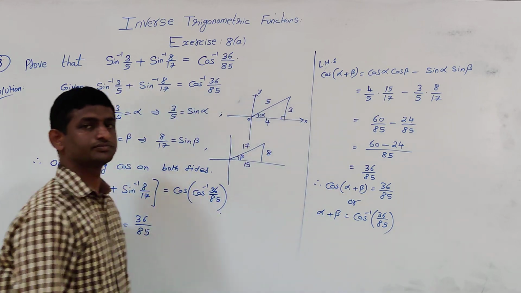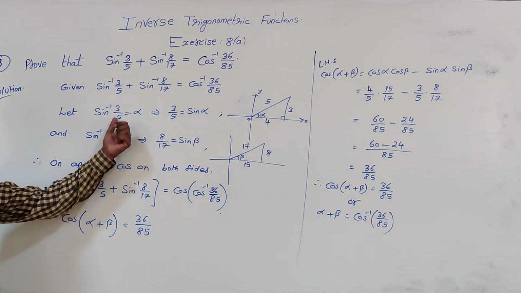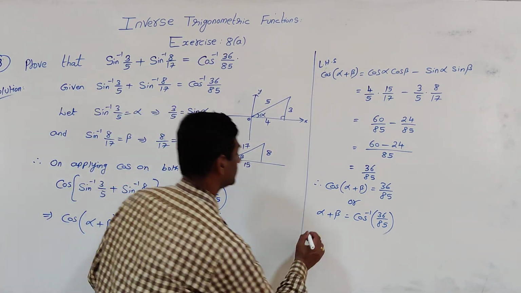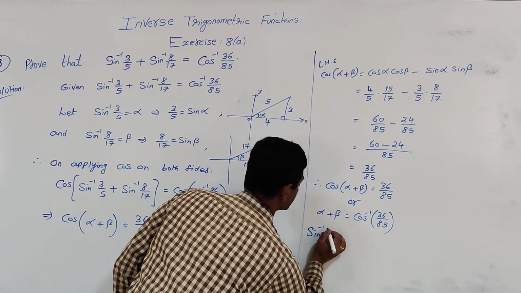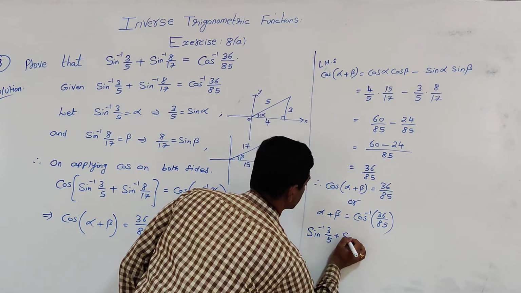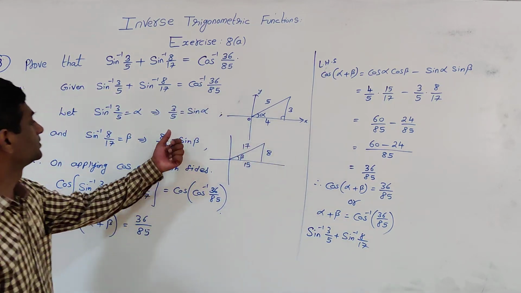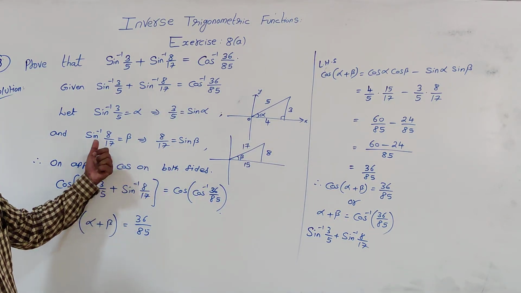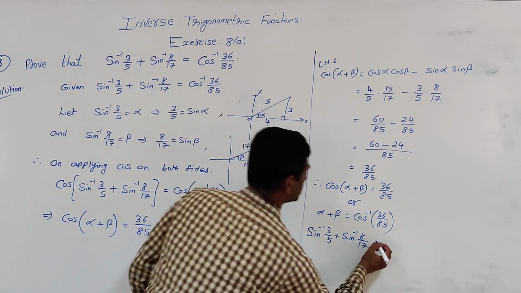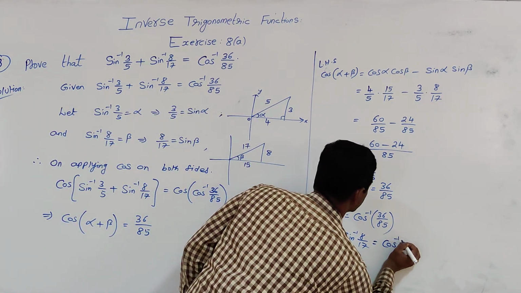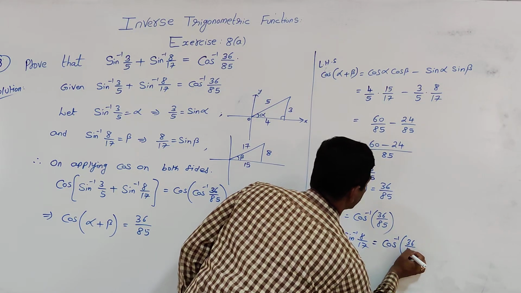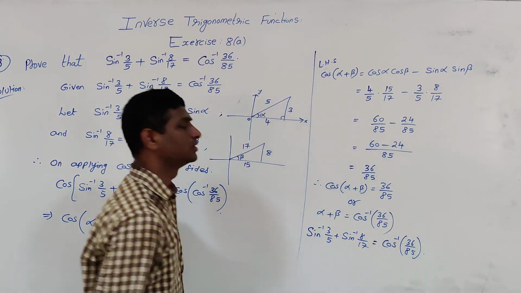But what is alpha? Alpha is sin inverse of 3 by 5, plus sin inverse of 8 by 17, because beta is sin inverse of 8 by 17, is equal to cos inverse of 36 by 85. So that is the result.